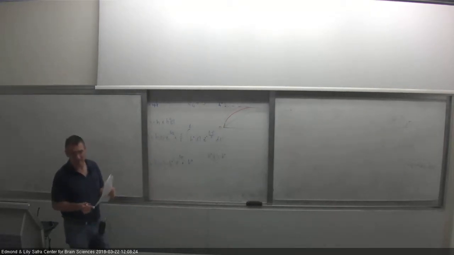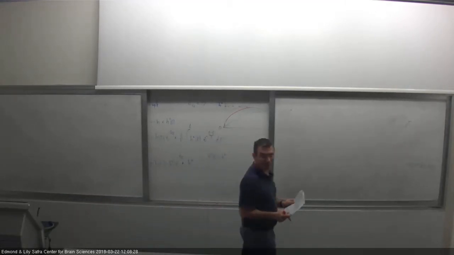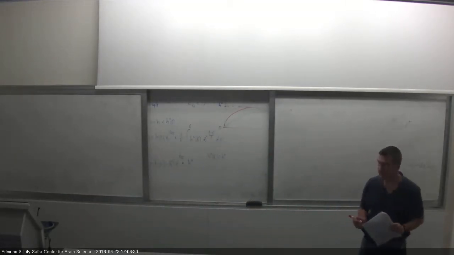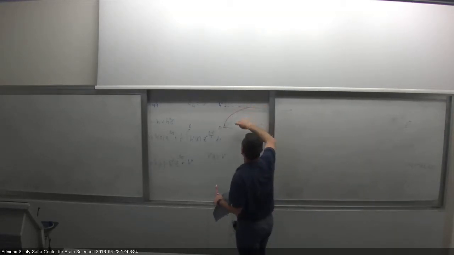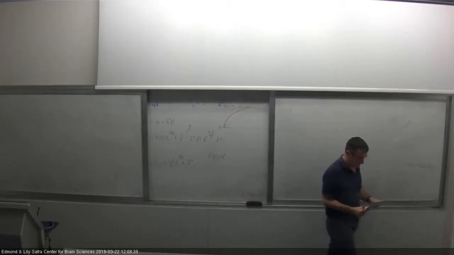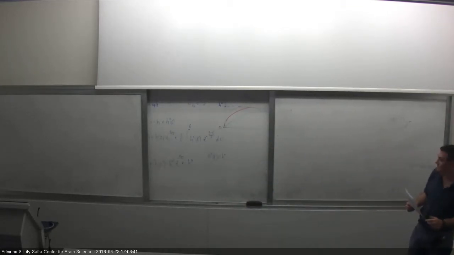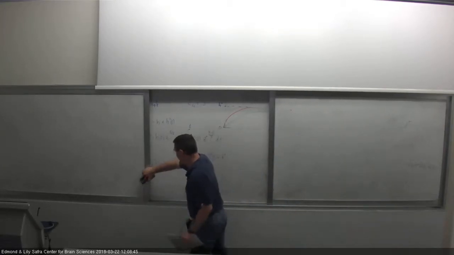Something like 63%. This is just 1 minus 1 over e. So the time it takes the dynamics to reach this saturation value corresponds to the time constant of the neuron.